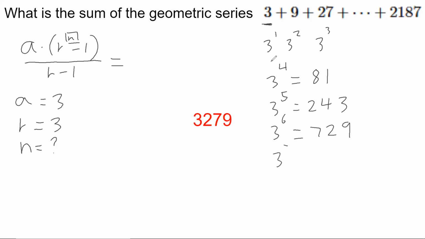And 3 to the seventh, when we multiply by 3 one more time, we get 2,187.